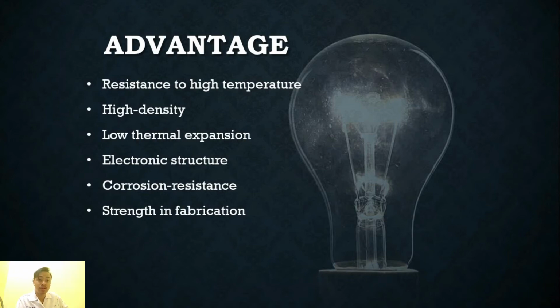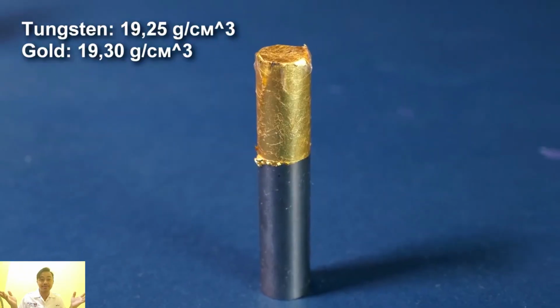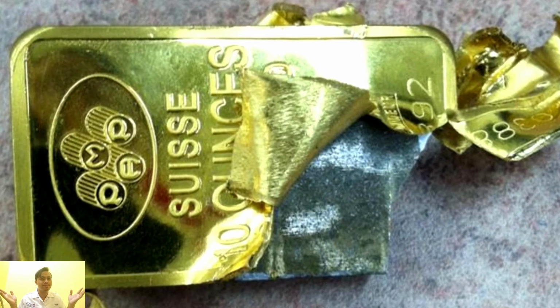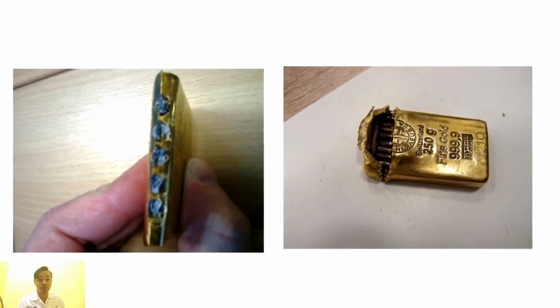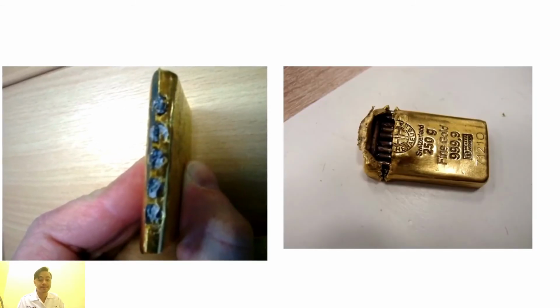So at some point, it can shatter like glass. And tungsten has a high density, like I said before. Some scams substitute gold with tungsten.